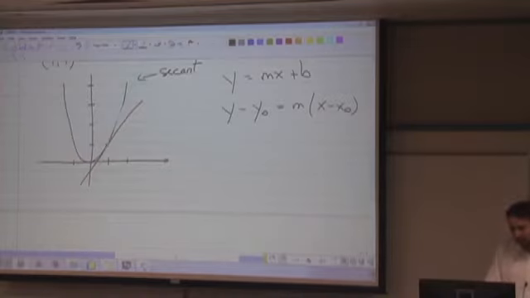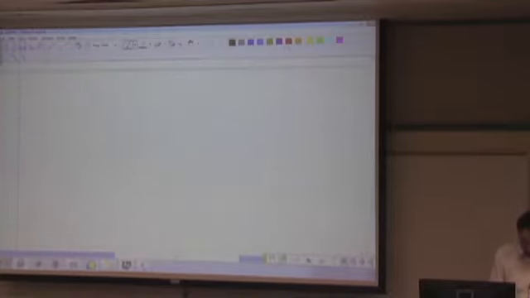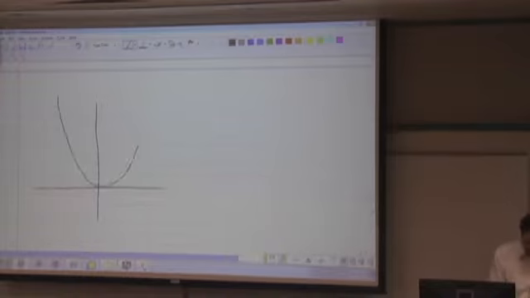So now, how do we figure out what the graph is going to look like? Let me draw again the quadratic function. So what I'm interested in is this line.